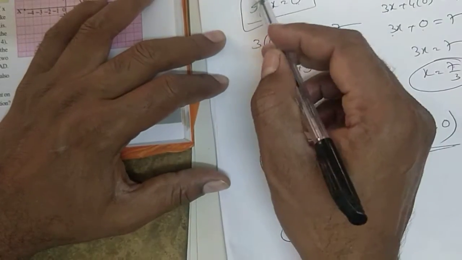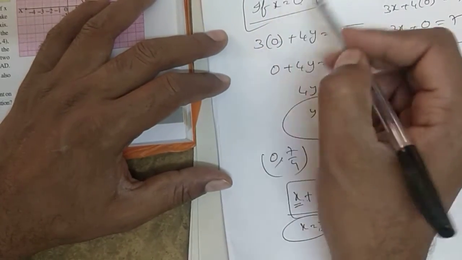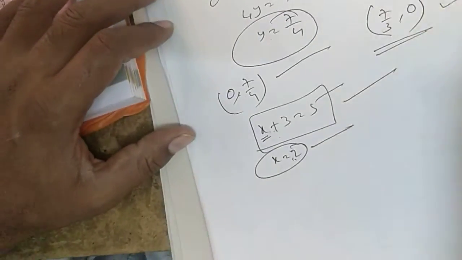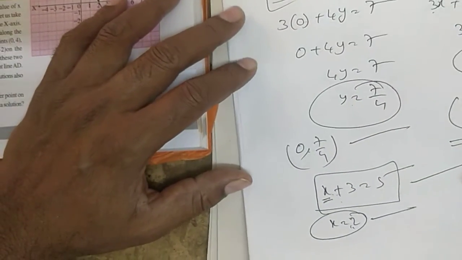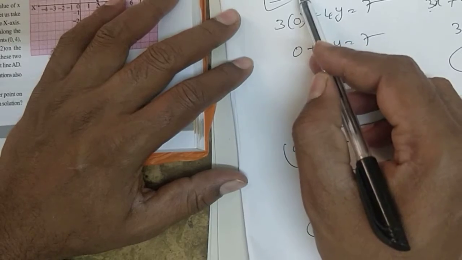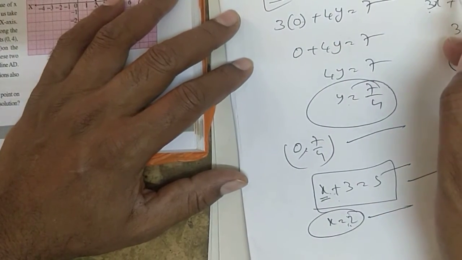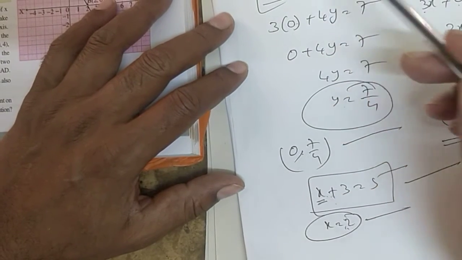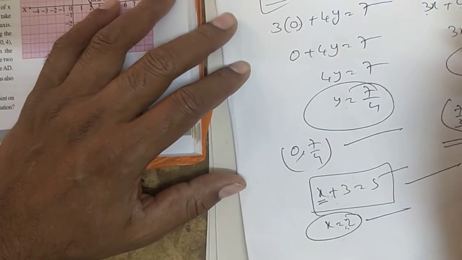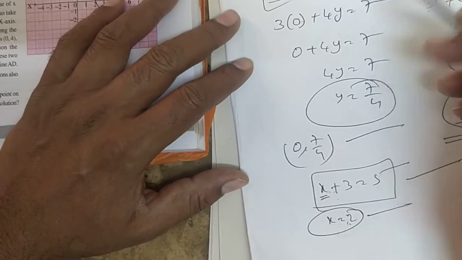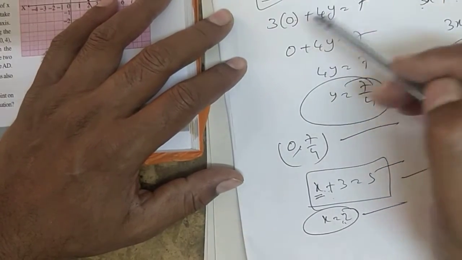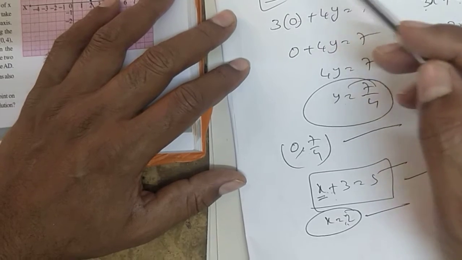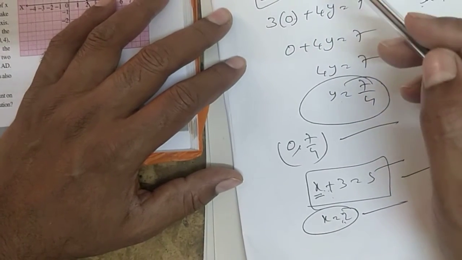But for a linear equation in two variables, you are getting infinite solutions. Okay, you have to keep that in mind. So I kept x is equal to 0 one time, y is equal to 0 one time. Like that you can keep more and more: x is equal to 1, x is equal to minus 1, y is equal to 1, y is equal to minus 1. You can substitute any numbers in place of x and y to get the corresponding y and x values.